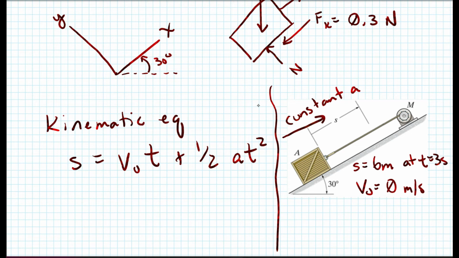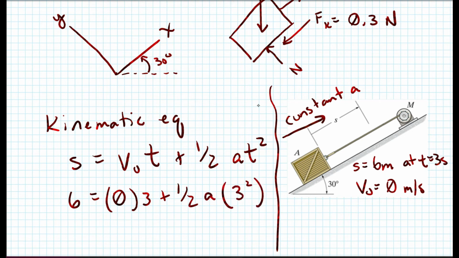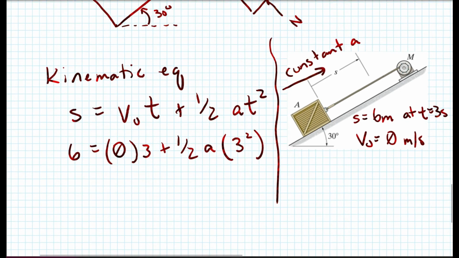Okay, so in the kinematic equation, we'll have 6 is equal to 0 times 3 plus 1/2 A, and then the t is 3, and we square that. Alright, so then solving for A, sorry about that, we get A is equal to 1.333 meters per second squared.